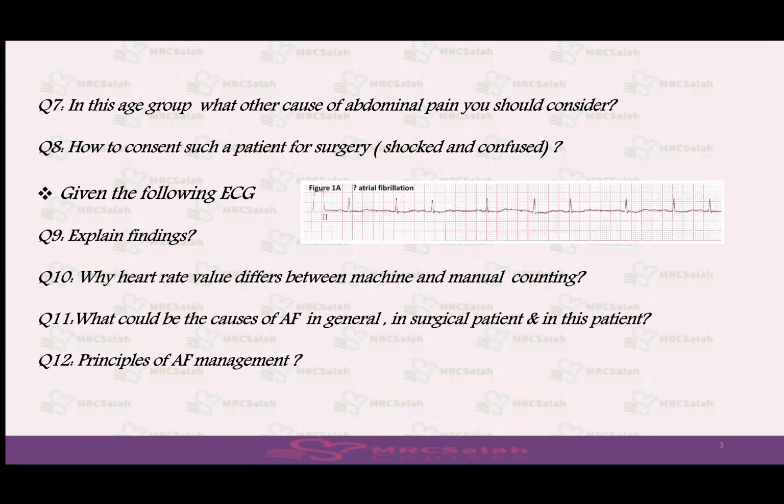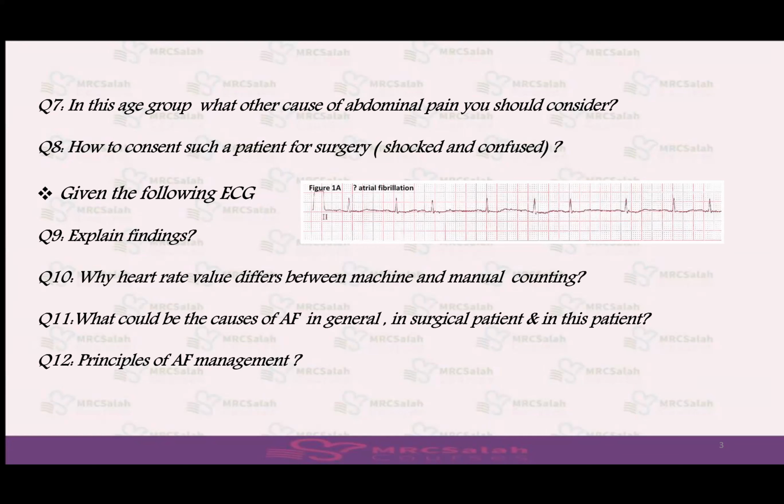Okay. Then what will you give? I give rate control, Concor. What do you mean by Concor? A beta blocker. So tell me the blocker because there are many. Okay. What else? I don't remember. You mentioned the rate control. What about the rhythm control?